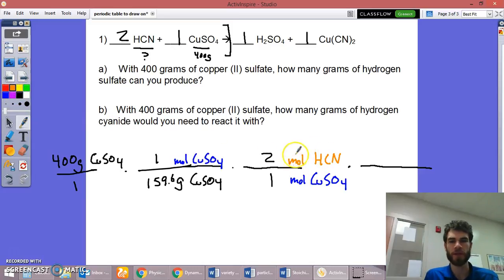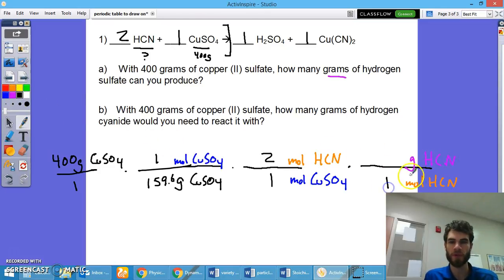Remember, whatever's on top here goes down here. You don't even have to think about it. Now you start thinking, where do I want to go from this unit here? Well, just like on your mole map, from moles of your desired unit, you can go to grams of your desired unit. And that's what we want, right? We want the grams of hydrogen cyanide. So grams of hydrogen cyanide.